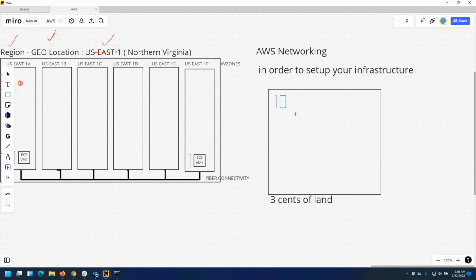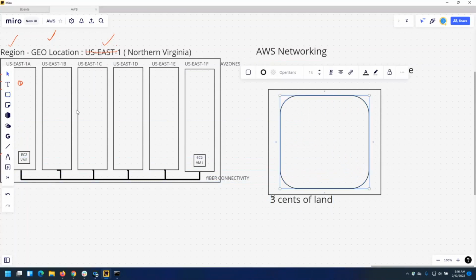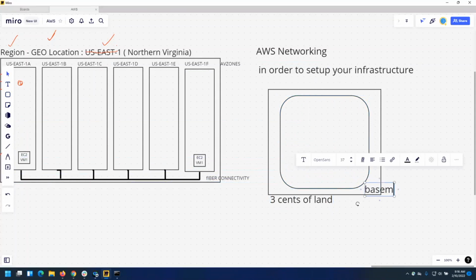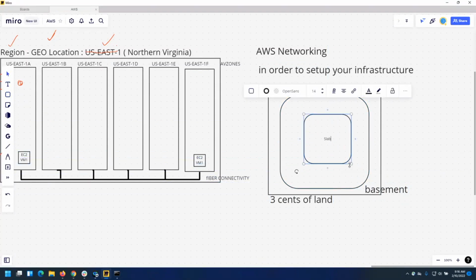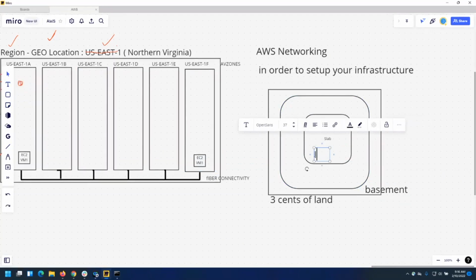First, you will start with the basement, and your pillars, walls, slab. Let's start with your basement, pillars, walls, slab, and then once everything is done, finally your interiors.